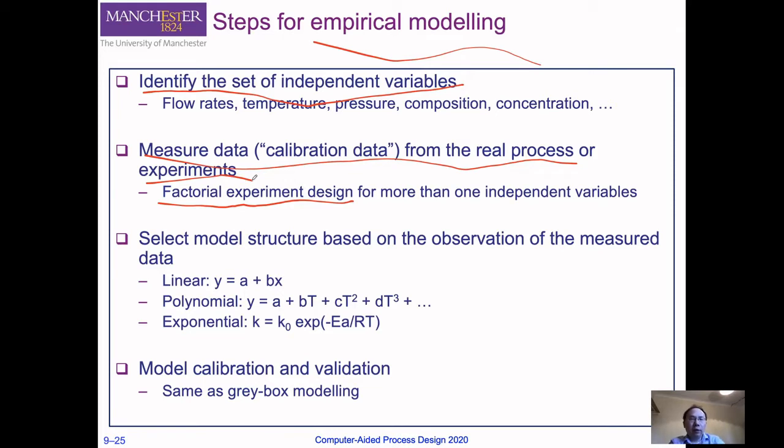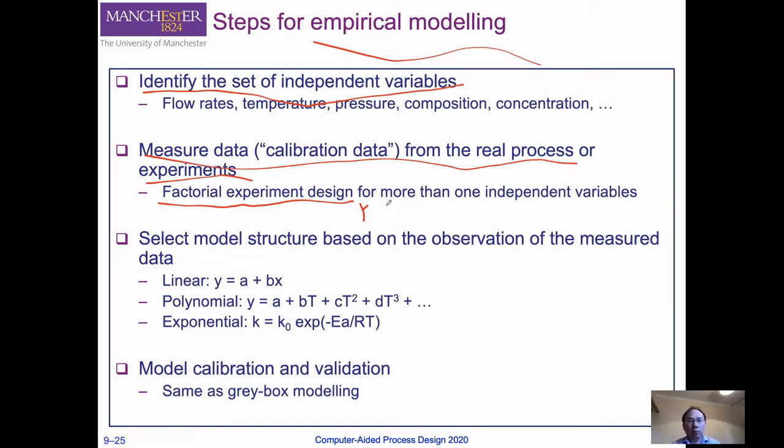From those data, then we can identify which variable has greater effect on the performance of the system and which variable has no effect on the performance of the process. Then we select those important independent variables and then observe the trend of the input and output data. Then we can draw figures to show the process performance indicator Y with those important independent variables.